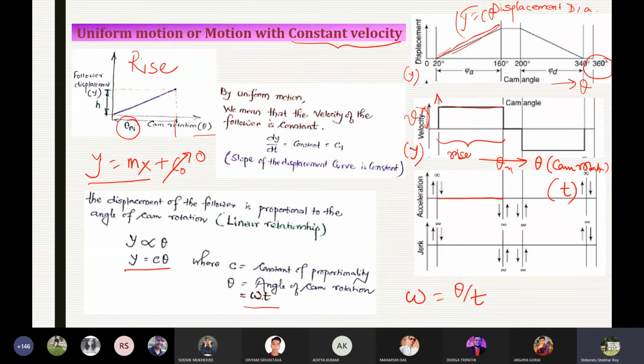So along the x direction you can treat t as time instead of theta, because omega is constant. So y equals c theta. I think all of you have noted this down in your copy.